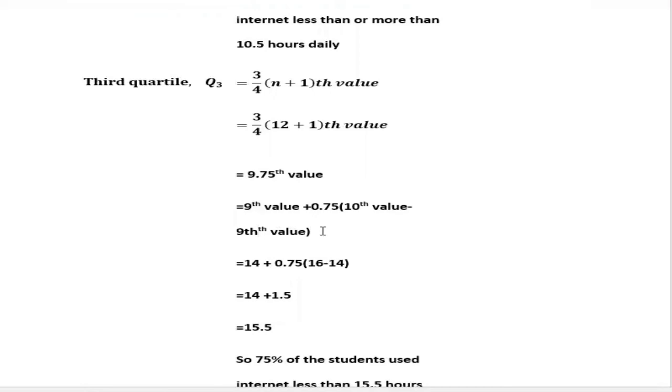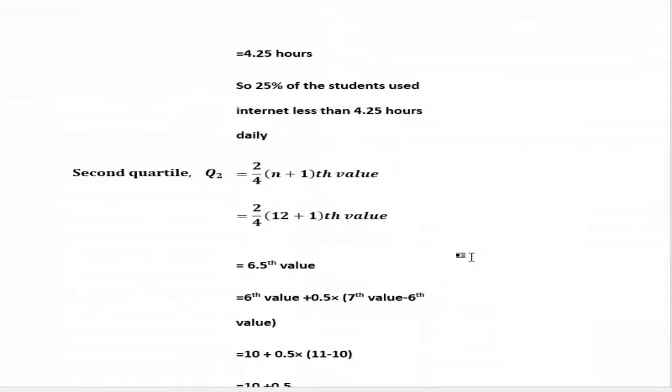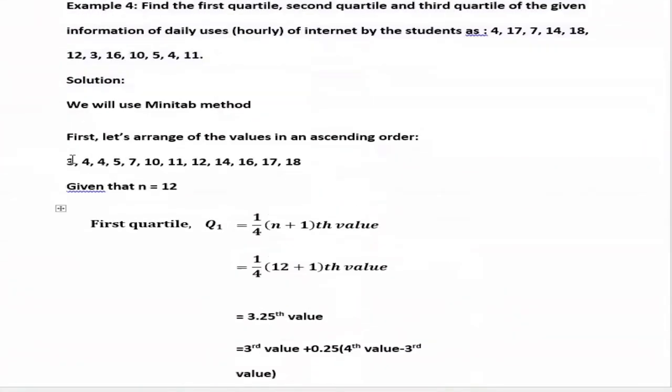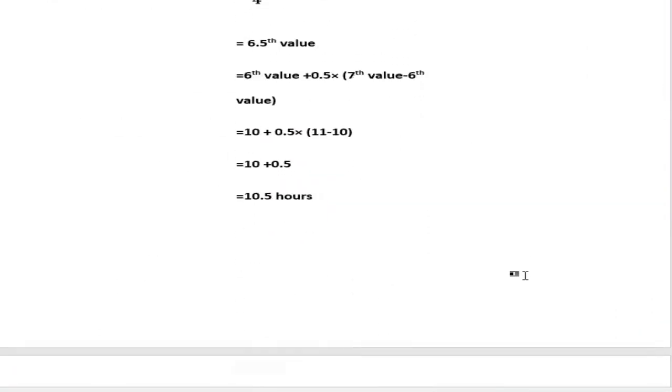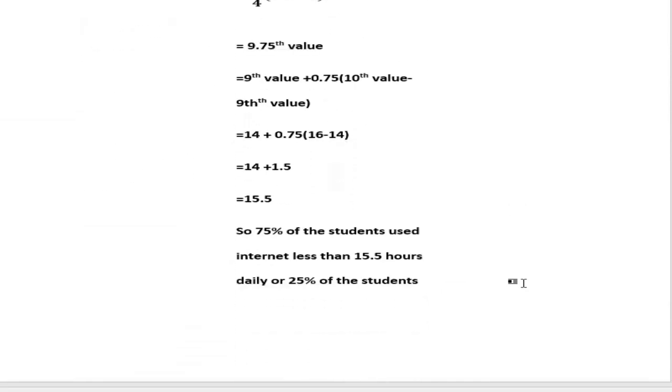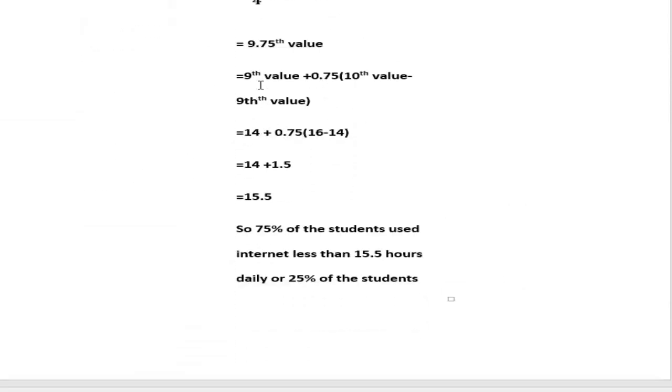So what is our 9th value? Let us see the data: 1, 2, 3, 4, 5, 6, 7, 8, 9. The 9th is 14 and the 10th is 16. So we take the 9th, 14, plus 0.75 times the 10th, 16, minus the 9th value. If you do the calculation, you will get 15.5 hours.